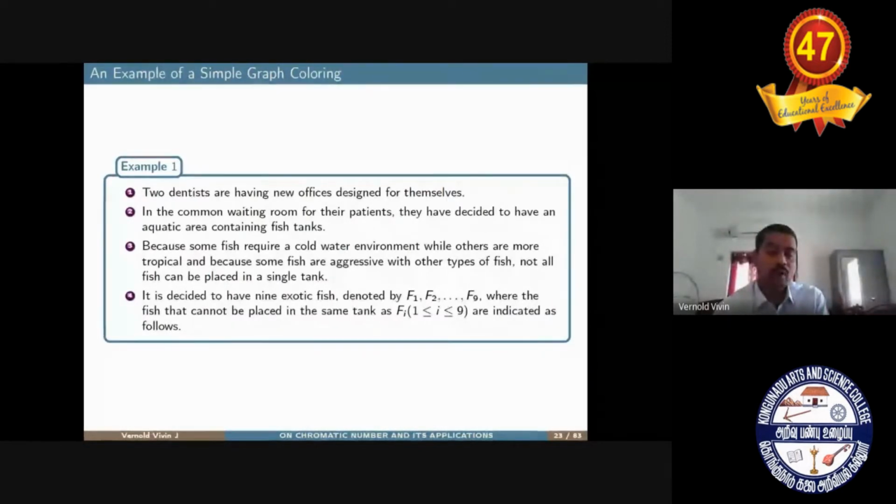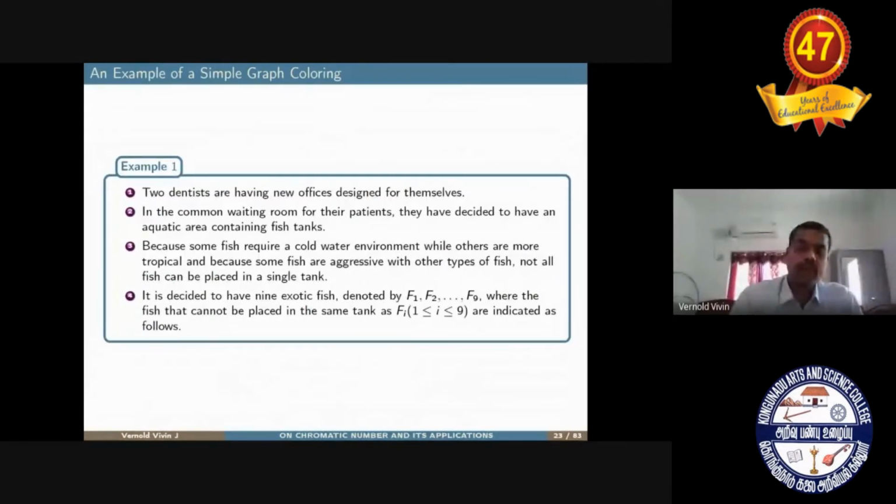If they have incompatible characters, they should be placed in different tanks. They are going to have the minimum number of tanks, so they have to place these 9 fishes into tanks while minimizing the number of tanks.